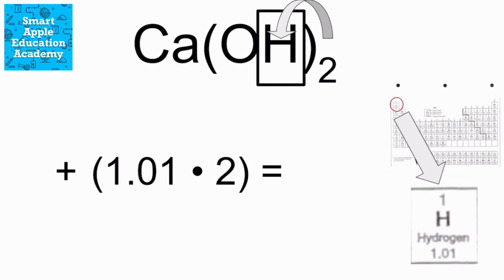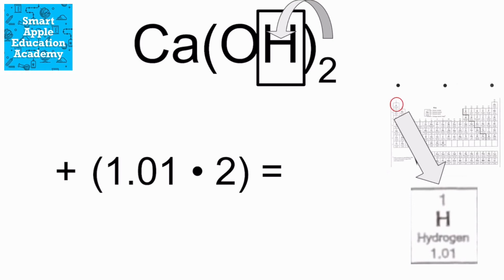Just like with the oxygen, this 2 is going to affect the hydrogen as well, so it's going to be distributed to the hydrogen. So we're going to multiply the 2 numbers, 1 and 2, together. Remember, those are the subscripts, and that equals 2. So we're going to use that number of 2 and multiply it by 1.01, which is the atomic mass. So now we have 1.01 times 2 in parentheses.